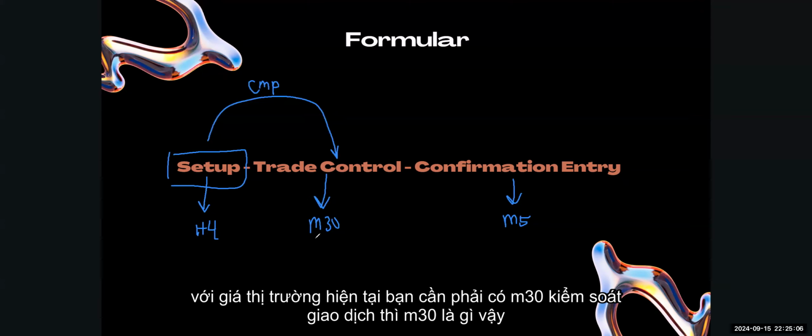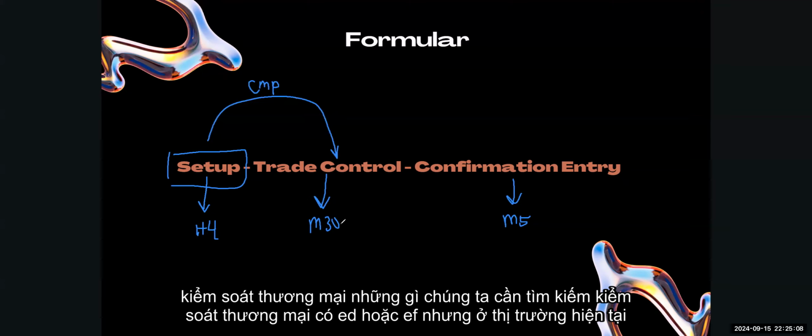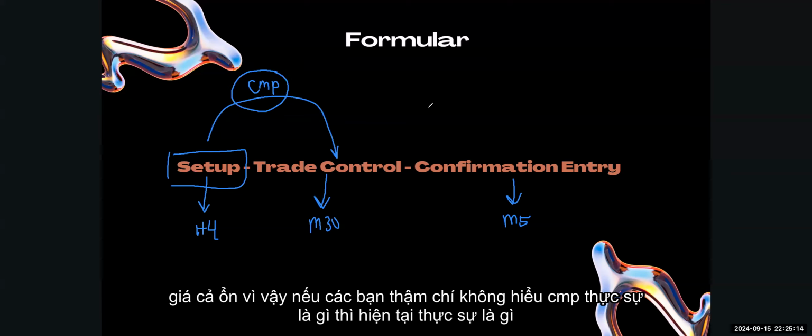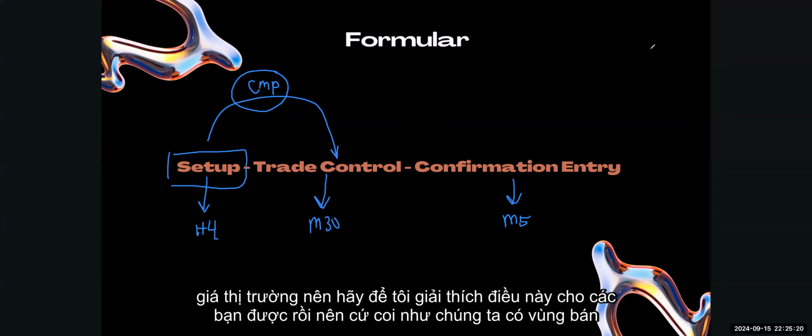What do we look for in the trade control? Yes, EG or EF, but at the current market price. If you don't understand what CMP, the current market price, actually is, let me explain. Let's say we have a sell zone here.